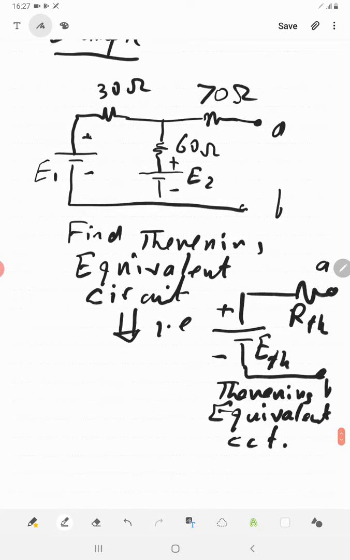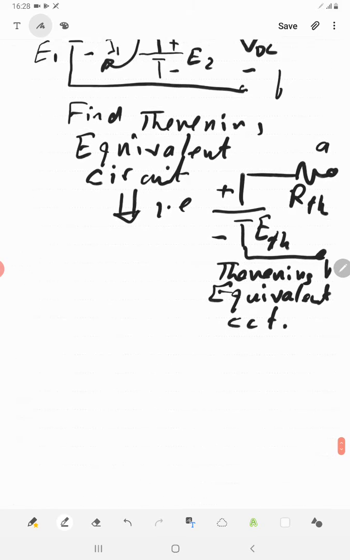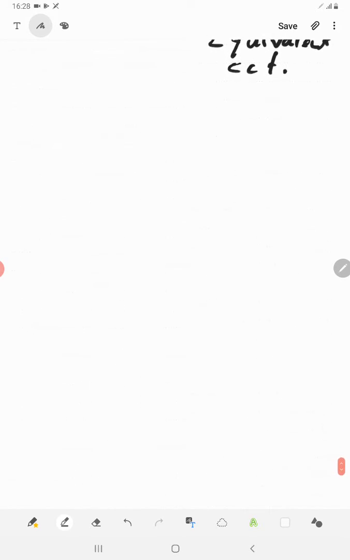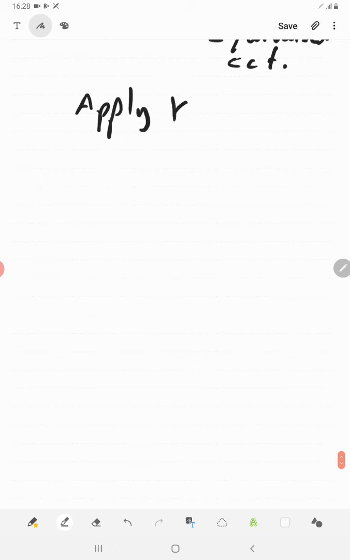Now, to find plus minus V open circuit, you see the 70 ohms has no current. So we'll have a current I1 flowing in this loop. We can apply KVL, Kirchhoff's voltage law, to loop I1.